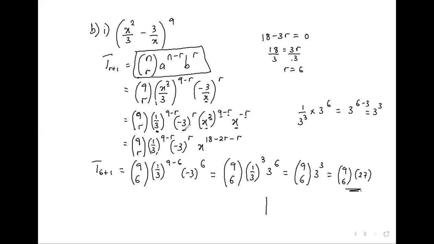You leave minus 3 alone to the power r, and then x squared to the power 9 minus r, then x to the power minus r. Realizing that I'm looking for a constant, I put the powers of x together, and then I equate to 0. Quickly, I come back and substitute this r, I'm now coming in with 6. And from there, you simplify things. You get that.